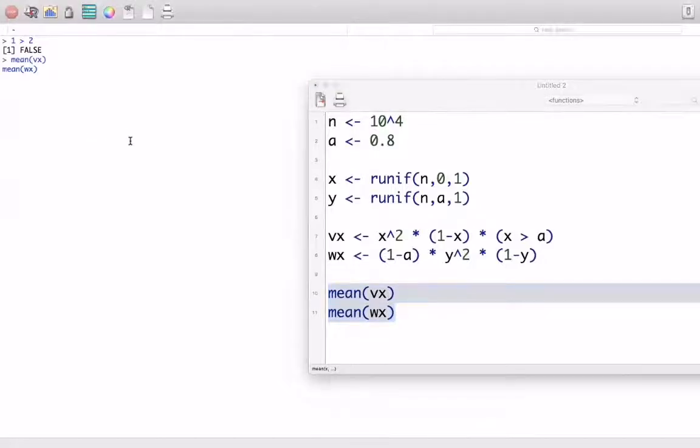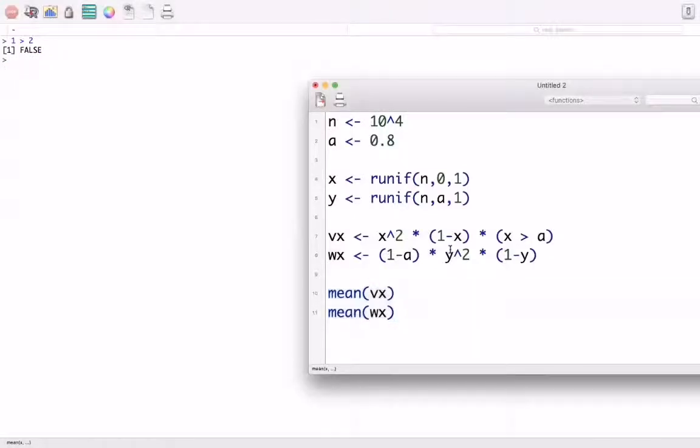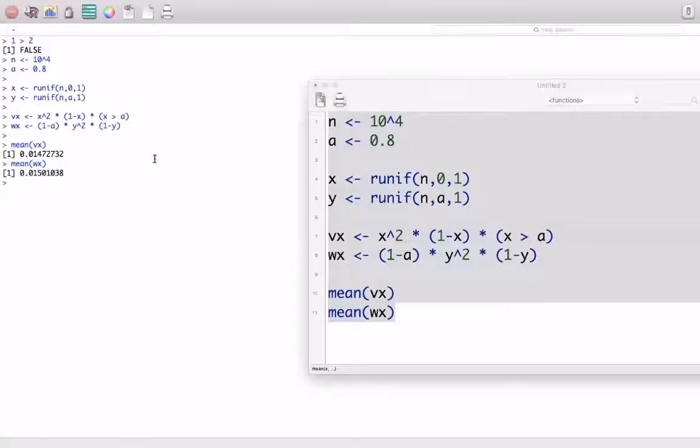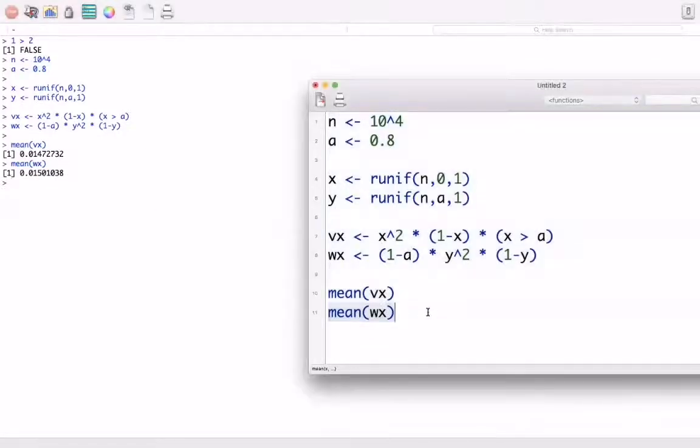So you could run the whole thing. You can see that their mean is about 0.015. They are quite close.